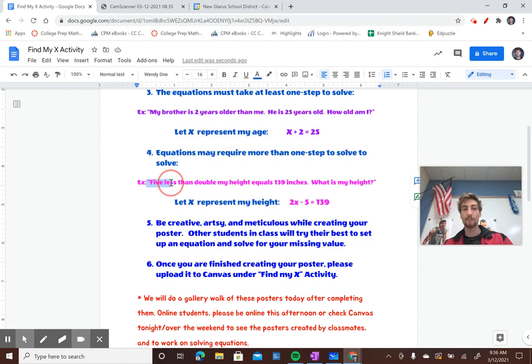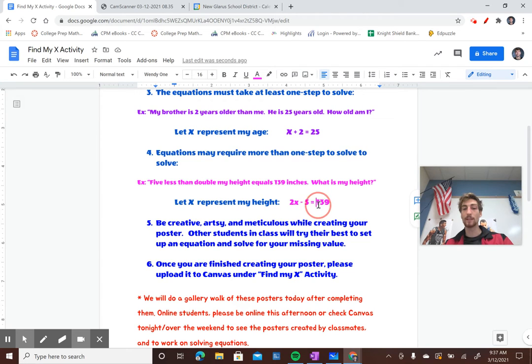So my example is 5 less than double my height equals 139 inches. What is my height? So here X represents my height, 2X, so double my height, and then minus 5 because it's 5 less than double my height equals 139. Now here, if we wanted to solve for X, we'd have to start with this minus 5 and get rid of that by doing the opposite of subtraction, which would be adding 5 to both sides.